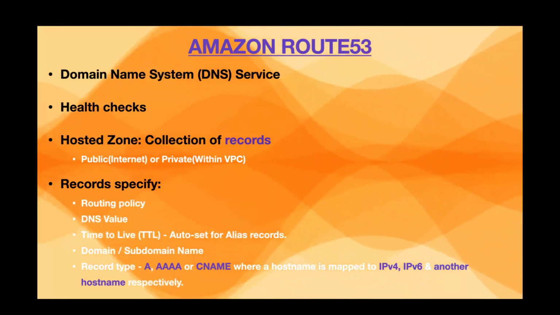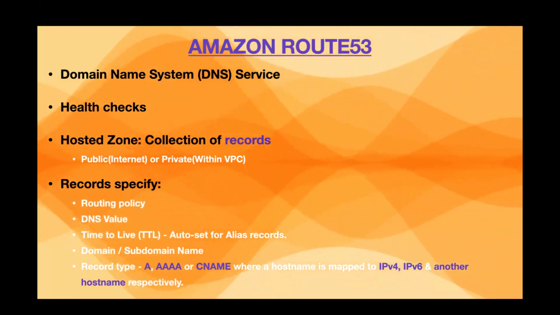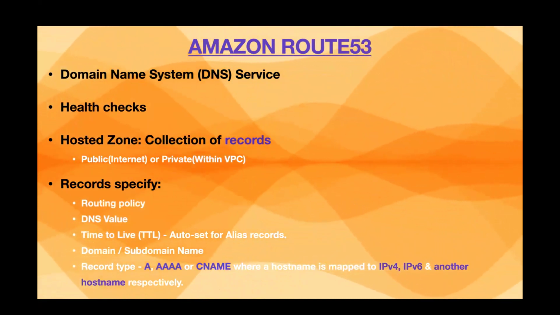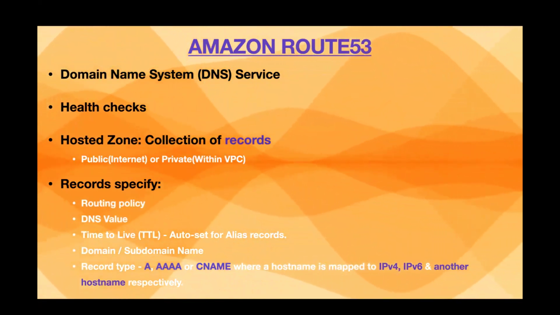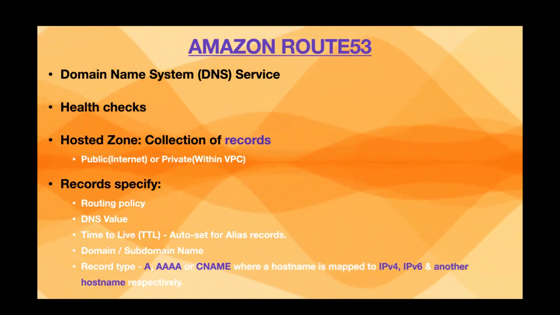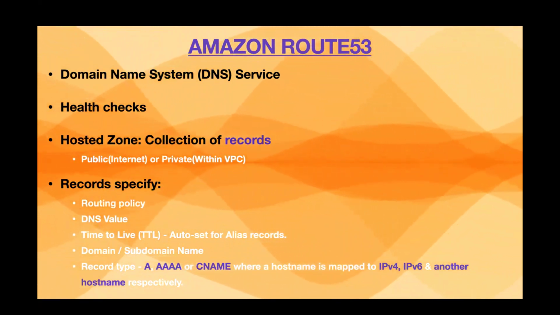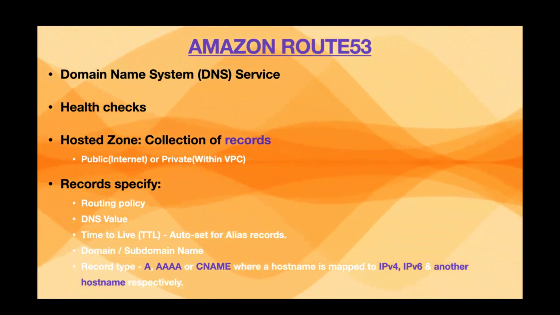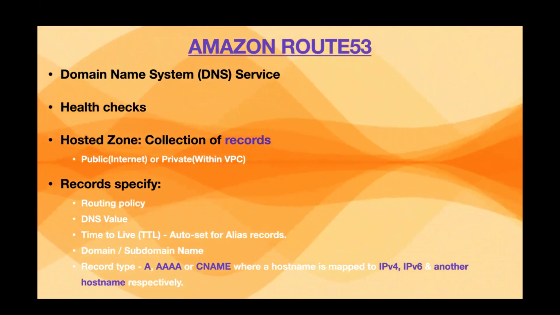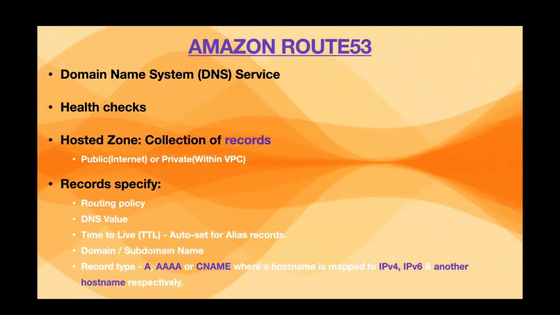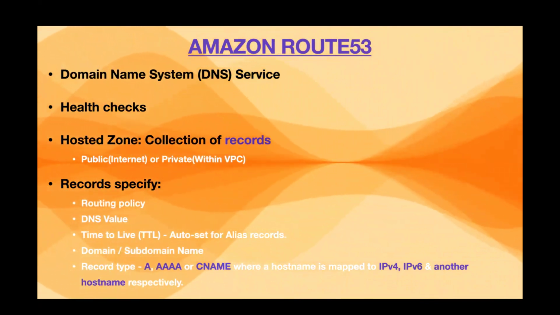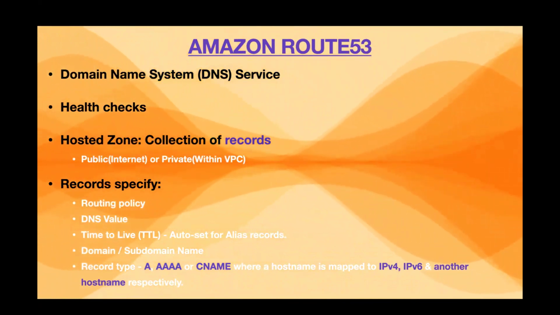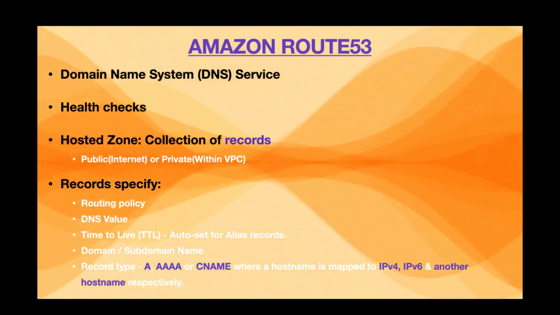So let me explain time to live. Time to live is basically about updating your web address. Before you put out a website, you would want possible combinations of addresses that you can use to reach your server. Let's say I route traffic to IP address 1.2.3.4, and then I update my server so I want the traffic routed to 5.6.7.8.